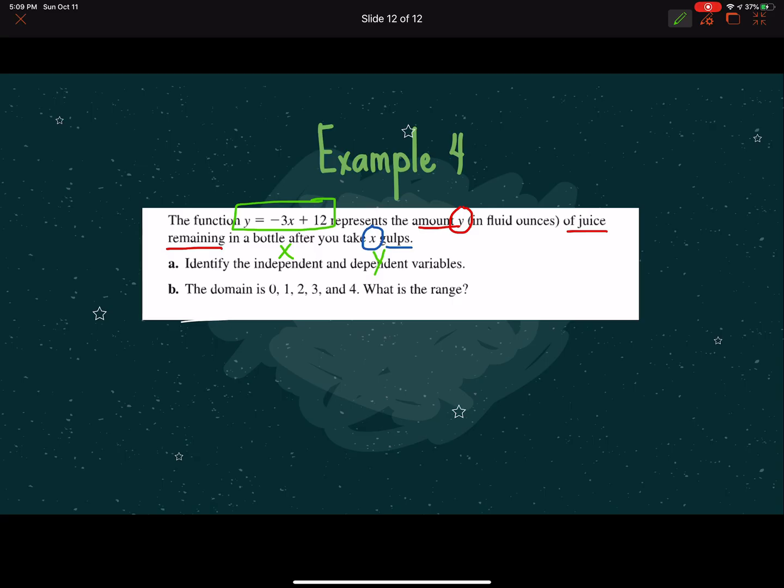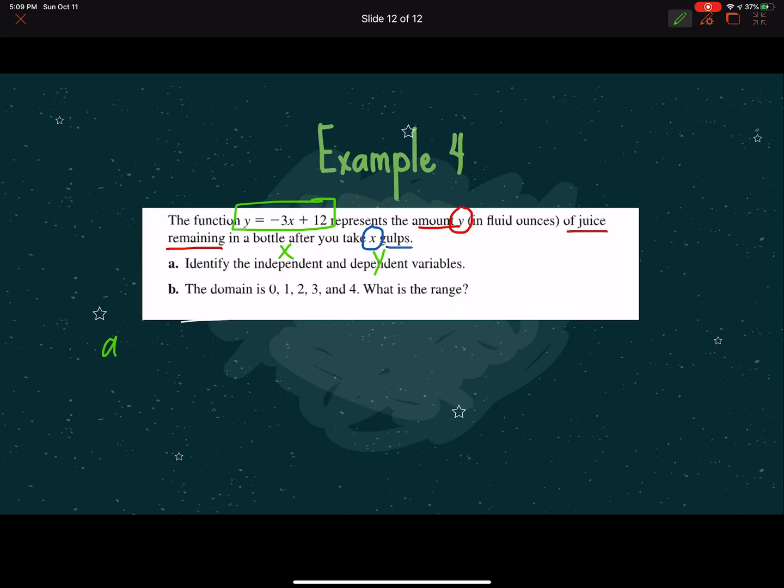When you're asked to identify them, you're simply going to decide which is your x, which is your y, and you can state it as a dependent statement. So our y was the amount of juice remaining in the bottle, x was the number of gulps. So obviously the amount y of juice remaining depends on the number x of gulps.